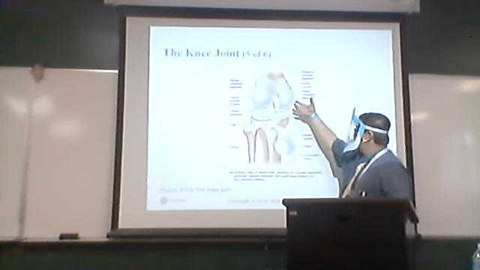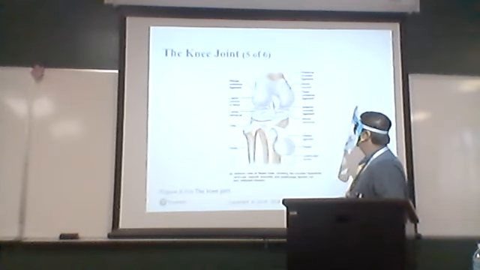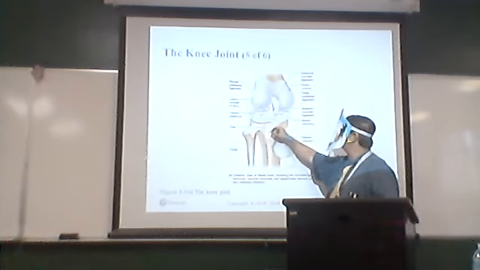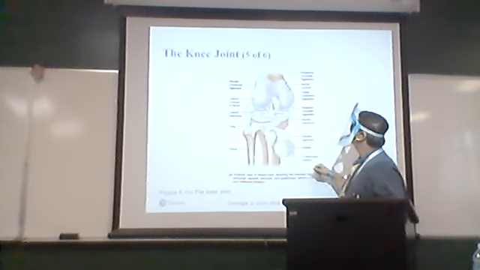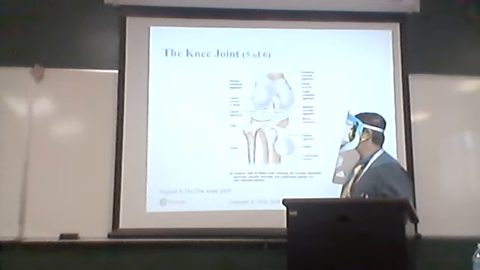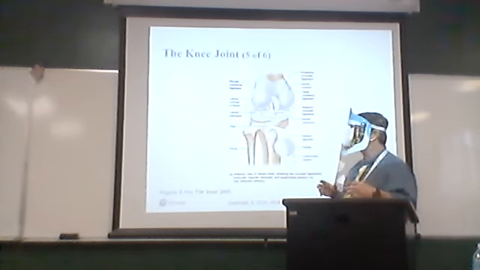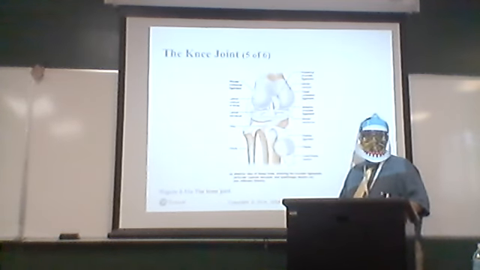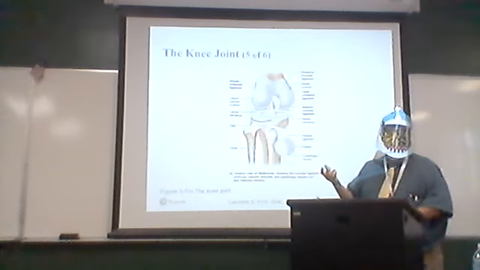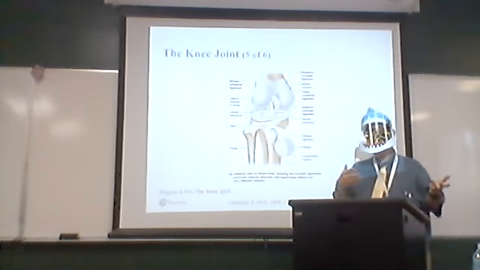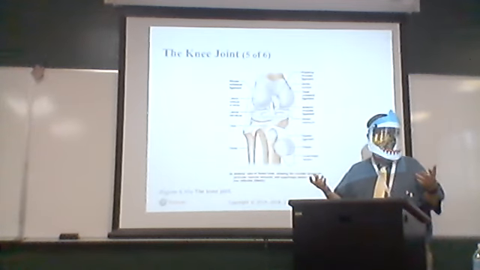The anterior cruciate inserts on the anterior of the tibia. The posterior cruciate inserts on the posterior of the tibia. They crisscross. They are inside of that joint capsule area. That's why they are intercapsular. And that's a question that would be really easy to do. What is an intercapsular ligament? What is an extracapsular? Does that make sense?